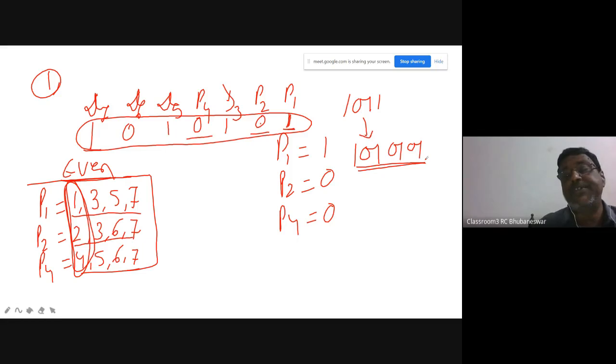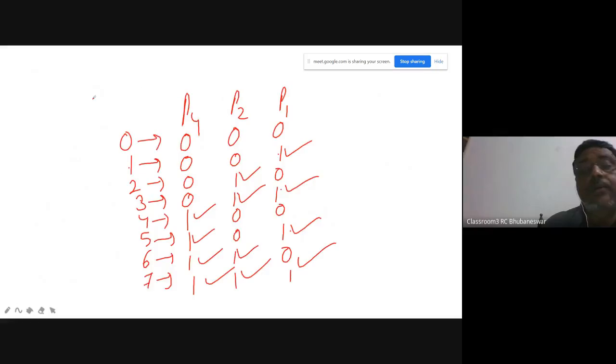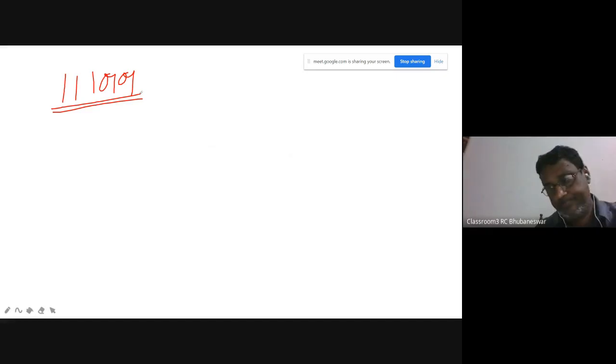In a transmission, the receiver got a pattern 1110101.